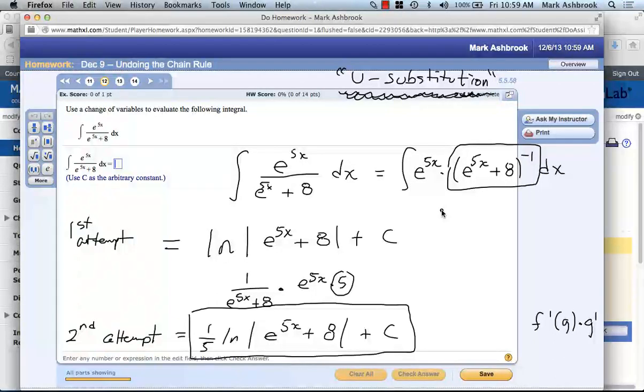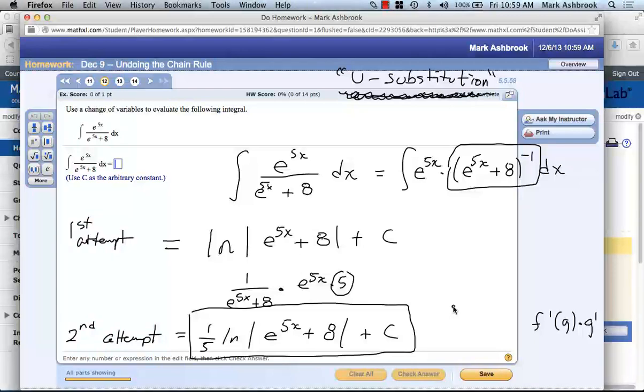Because it's all these steps that you're memorizing, and it doesn't really seem to make sense. So I encourage you to practice, there's 14 problems here. When you get to U substitution in Calc 2, most of those problems you can do what I've taught you here, which is the undoing the chain rule technique, okay?